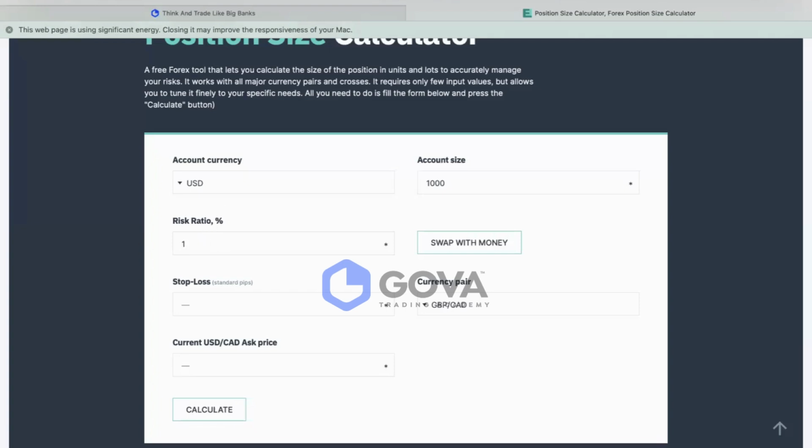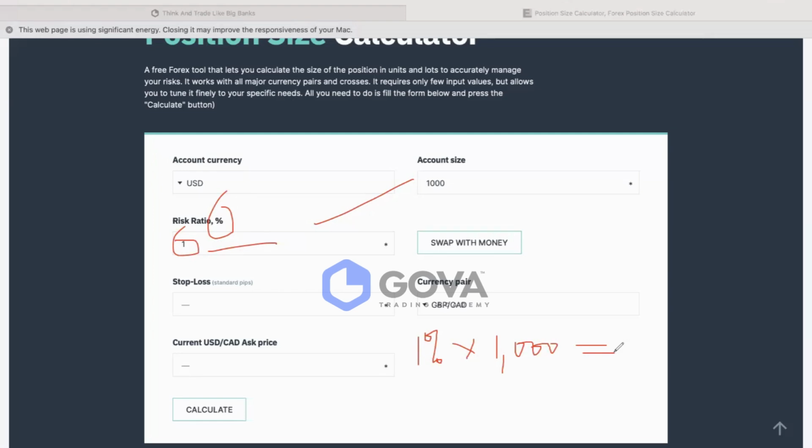You can see when you put one, it is already in percent. So 1% of 1,000 is what? Use your calculator: 1% times 1,000 equals what?